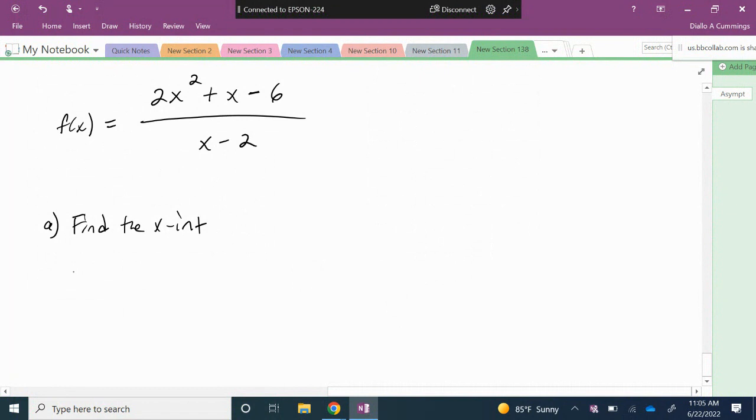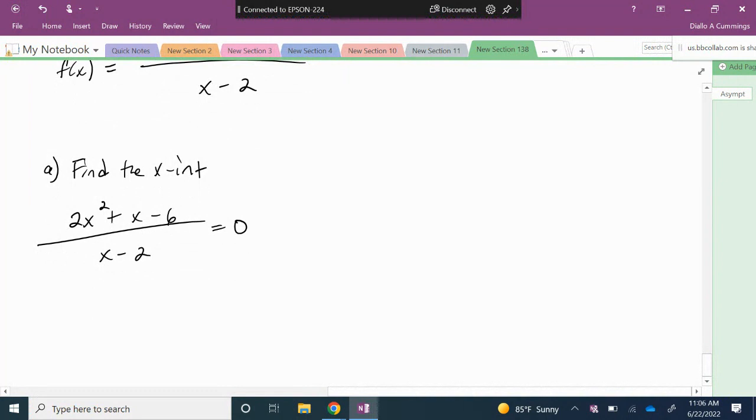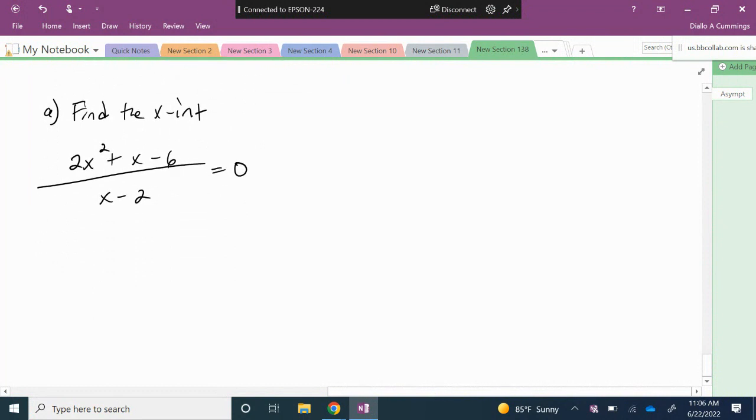So we're going to set our equation equal to 0 and solve. Here again, we're going to multiply both sides by the least common denominator, which is x minus 2. So this reduces down to give us 2x squared plus x minus 6 is equal to 0.